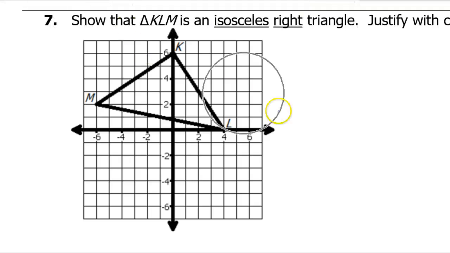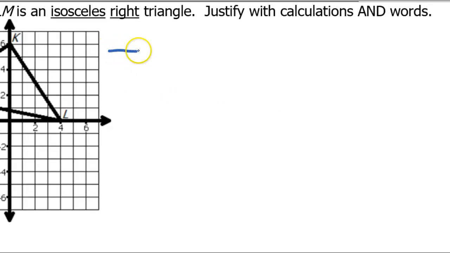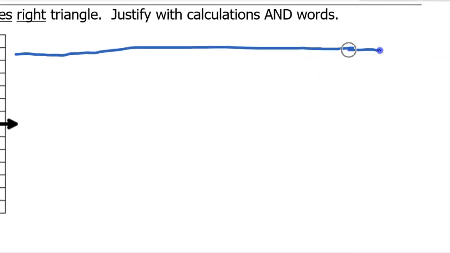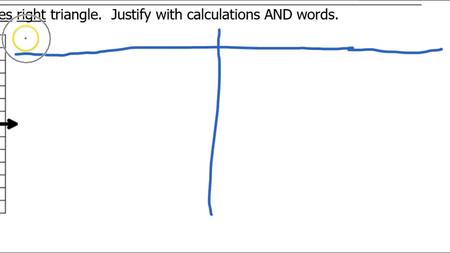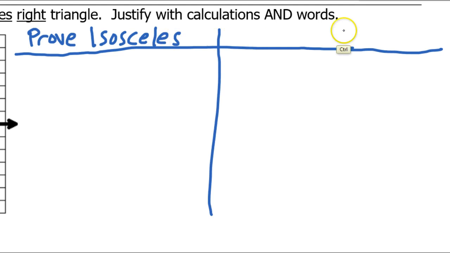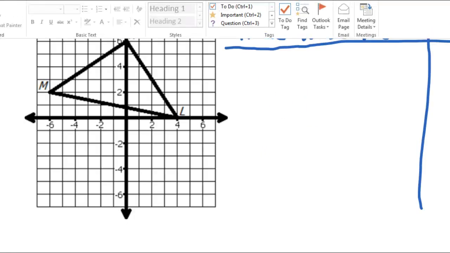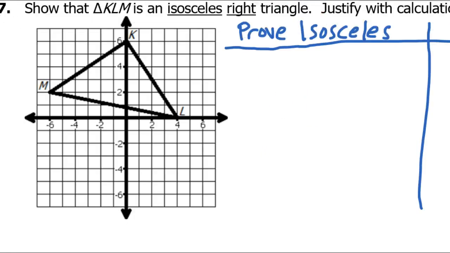Okay, so I'm going to break this up. On this side, I'm going to prove isosceles, and then on this side, I'm going to prove right triangle. In order to prove isosceles, I need to find the lengths.